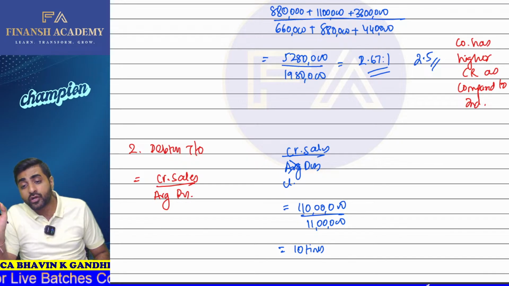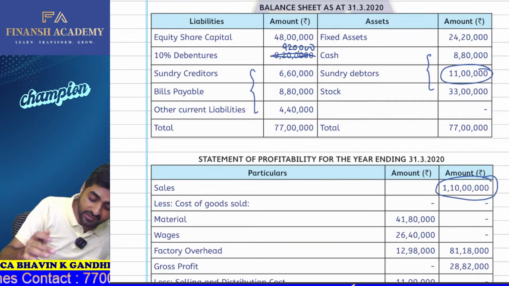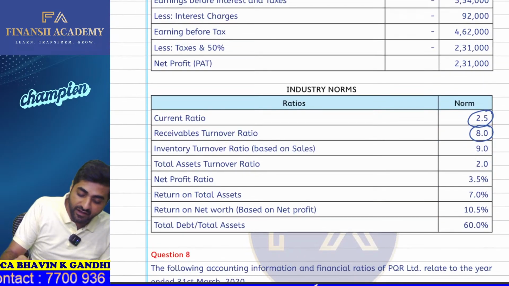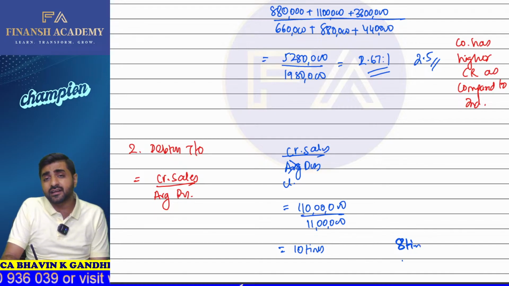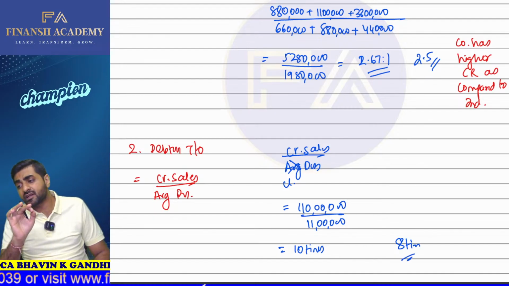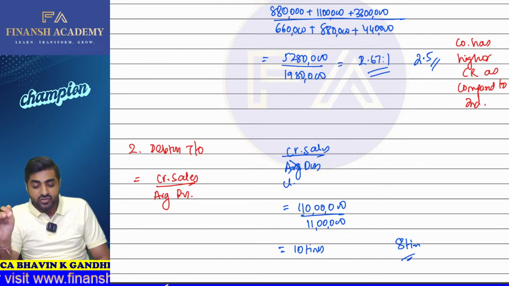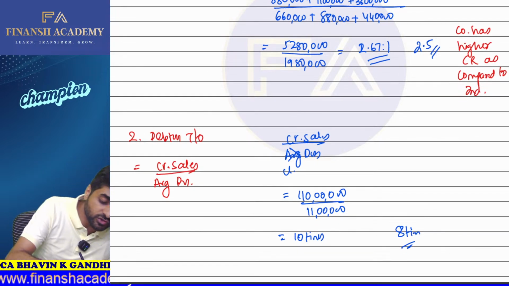What is now going to be your industry average debtors turnover ratio? Your industry average debtors turnover ratio is 8 times. So what does it indicate? Is the company performing better than the industry? Come on, yes or no? Yes, sir. So what is going to be your conclusion here?